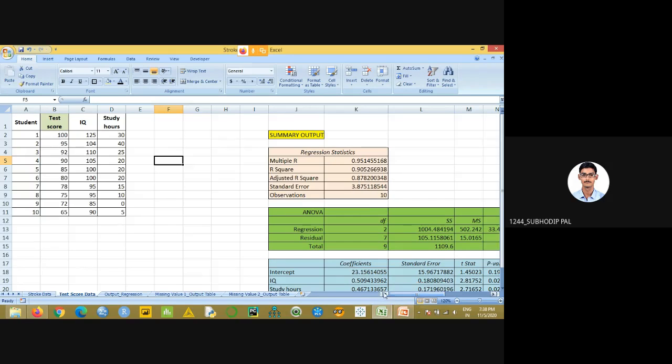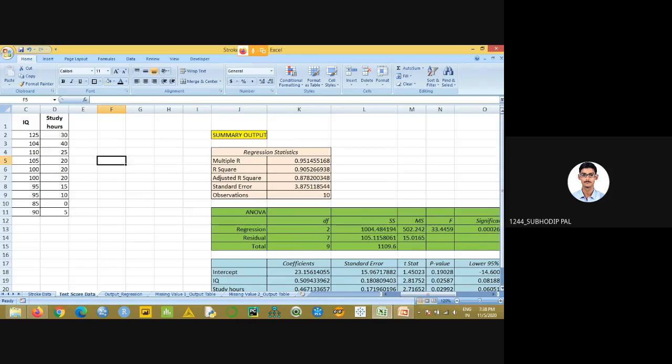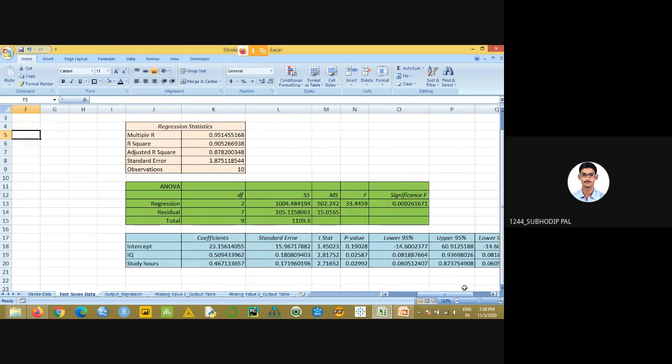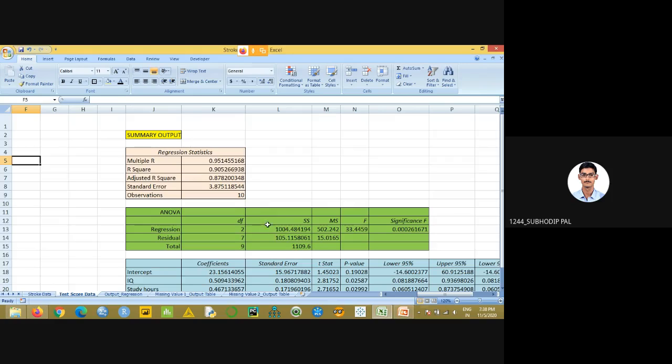So after identifying this, I have run the regression. This is how the output looks. You have multiple R, R square, adjusted R square, standard error, and the number of observations, meaning how many samples are here.